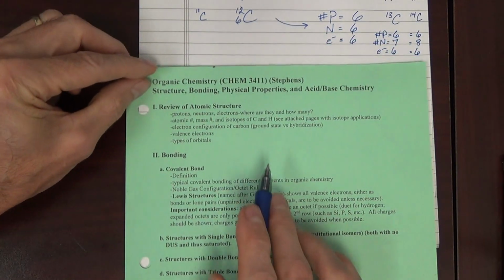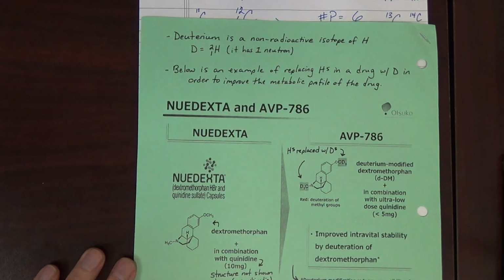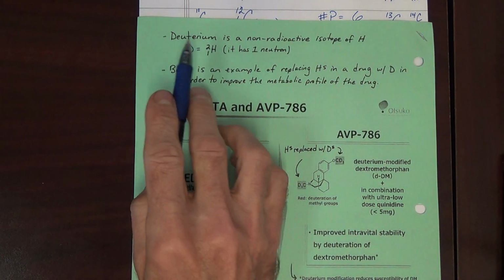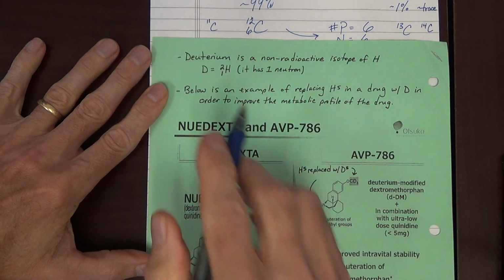Now, there are also isotopes of hydrogen. And on the back of the handout, I discussed those. Now, the isotopes of hydrogen actually get their own names, and that's unique. All the other elements typically go by something like carbon-13 or maybe tellurium-126, but for hydrogen, the isotopes get their own names.